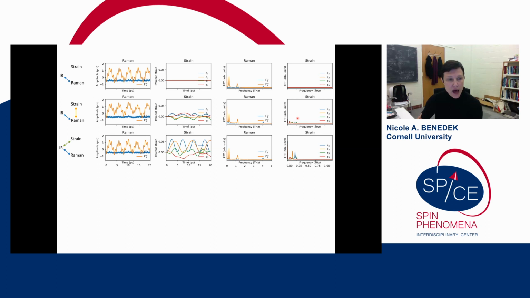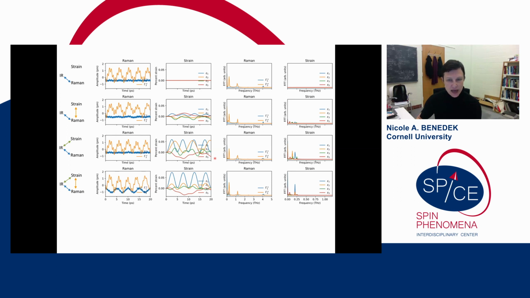When we allow coupling to strain through the IR modes only, the strain amplitudes get much bigger, as you would expect. And then when we allow coupling with everything, the qualitative picture doesn't change too much from what we saw if we just have Raman strain coupling.